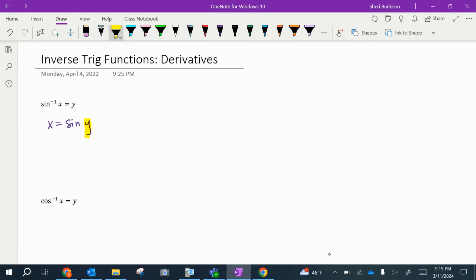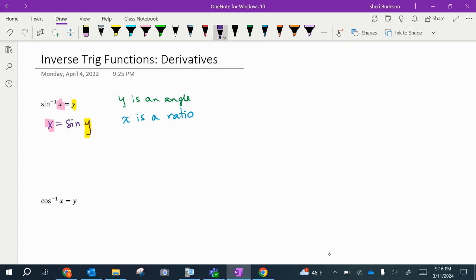So y is an angle, and the result of our trig function is a trig ratio. So x is a ratio. So we take an inverse trig function on a ratio, and it takes me back to the angle that gives me that.